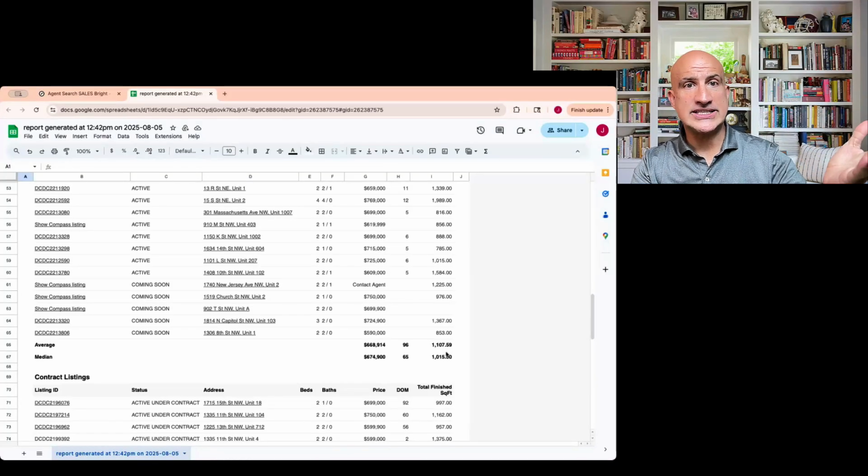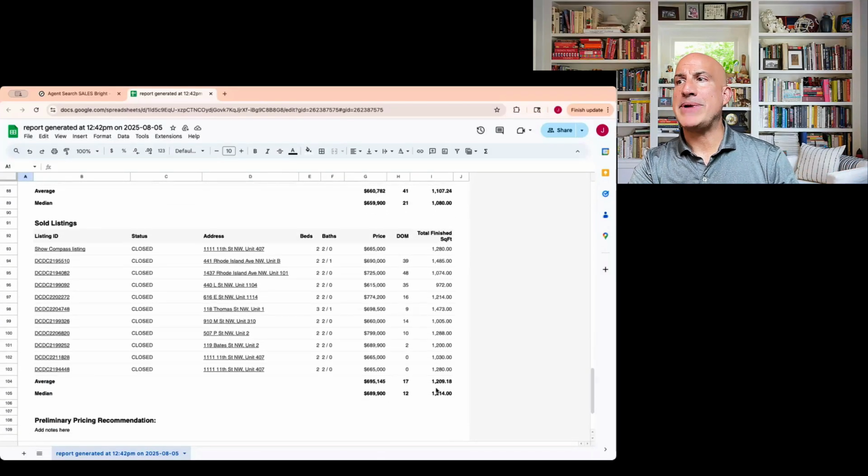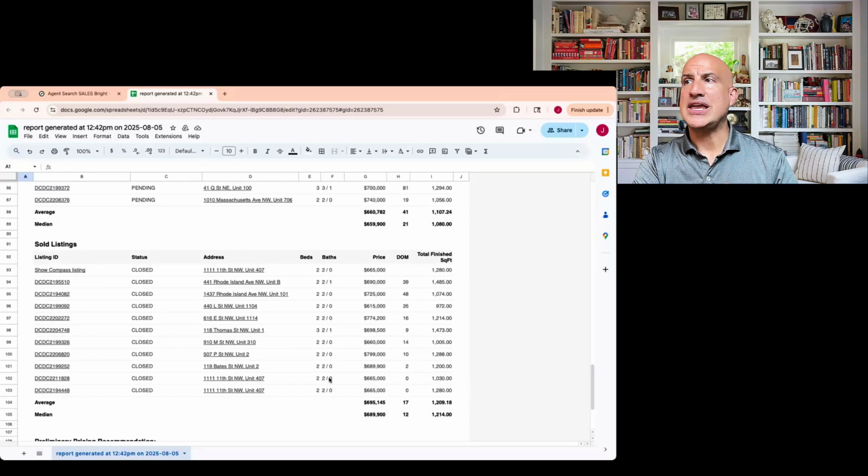In other words, they're overpricing based on square footage, because there were better values for a buyer, let's say 30, 45, 60 days ago with these sold listings. And buyers are going to look at those.